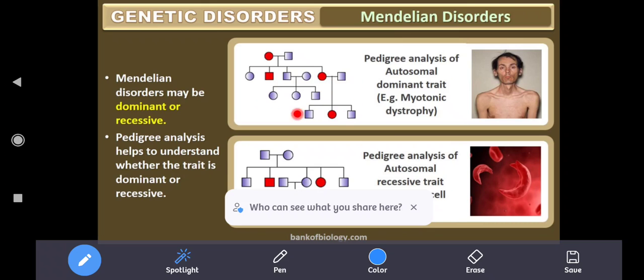Now let us consider this. Here the disease is not mentioned, but if the disease is carried by a dominant trait, how will it be transmitted to the upcoming generations? That is the concept.